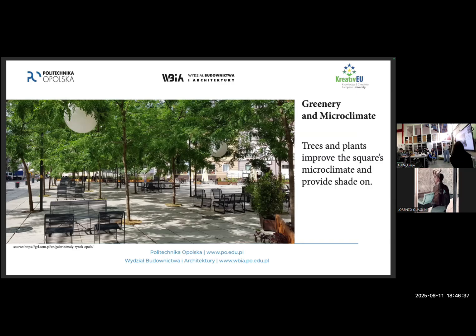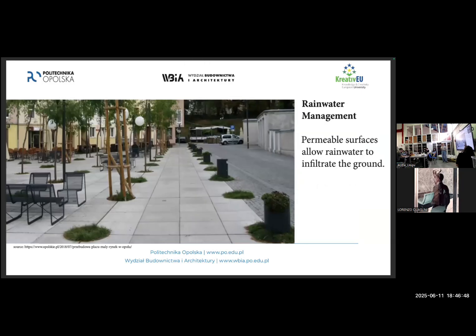Here we have this zone under the trees that creates a shadow that is really pleasant to sit in. We have the small grass beds that sometimes are used for the tree to grow. Sometimes they're just used as a punctuation of the rhythm in the floor.